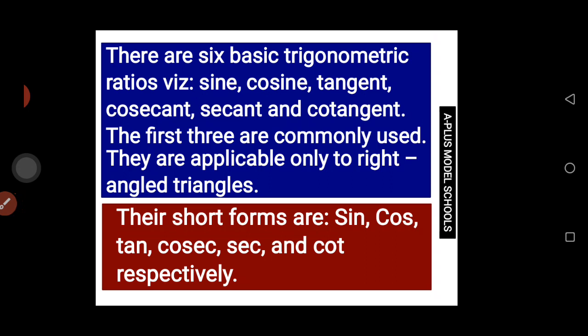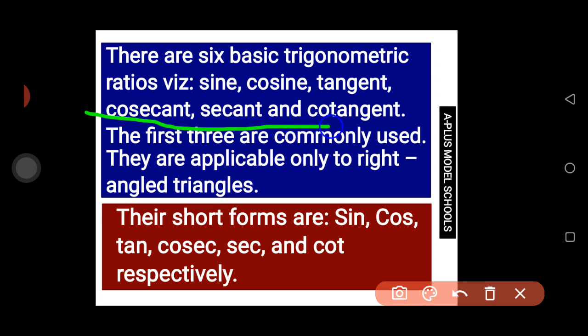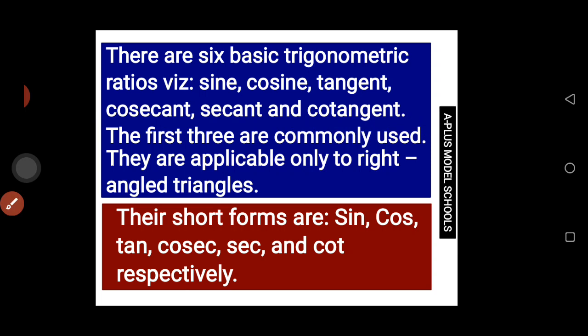The reciprocal of tangent is cotangent. You can see it is the one I am underlining on this page. So the first three are commonly used, but the remaining three are the reciprocals of the first three.